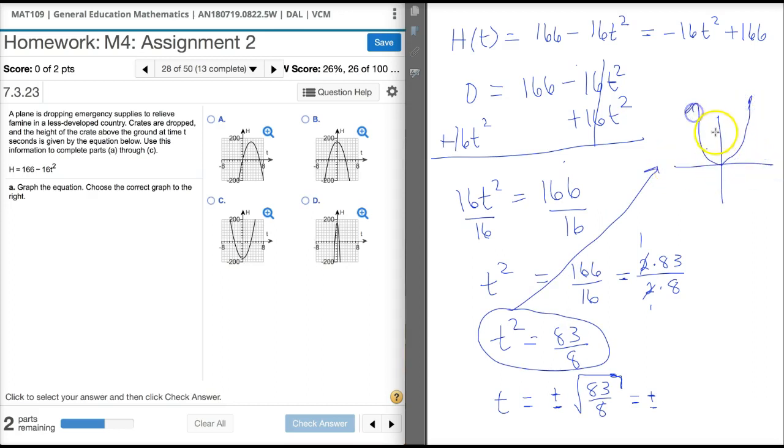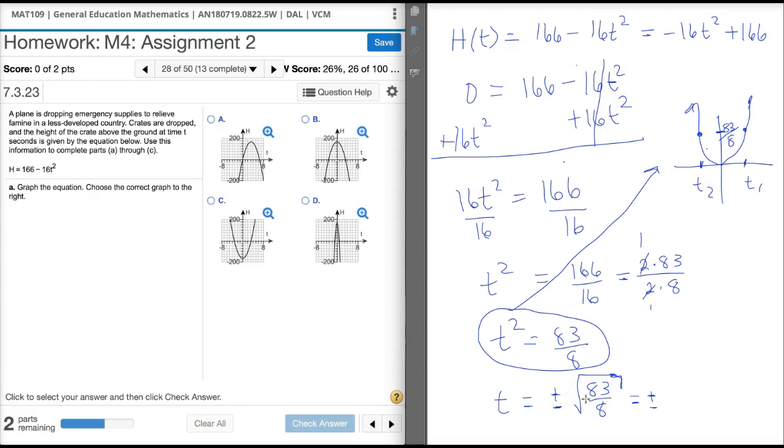We have some parabola, we have some y value 83 over 8, and we're trying to figure out the corresponding t values that go along with that y value here. And so if you see one of these answers is on the negative x-axis, another one's on the positive. So that's why we have to do the plus or minus and then do the square root.